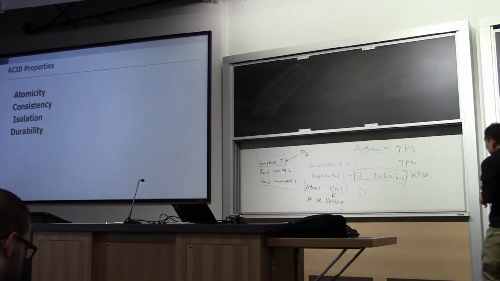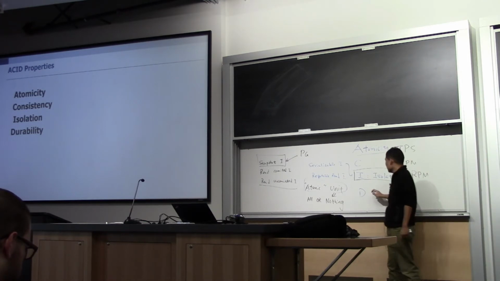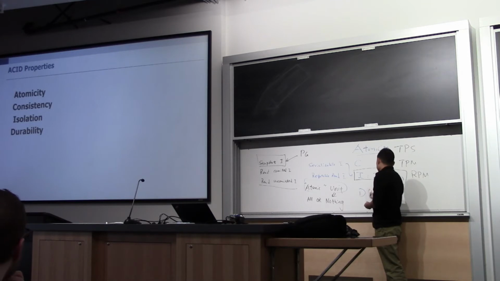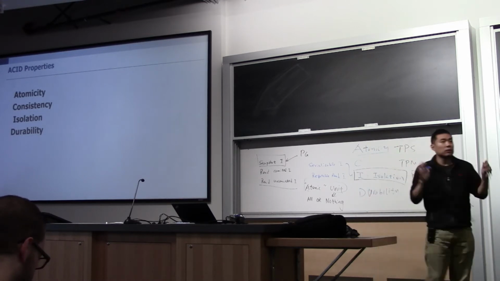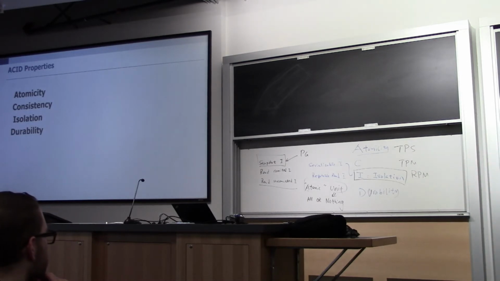That brings up my next discussion, which is what D stands for. D stands for durability. Durability can sometimes be understood as persistence as well. What it says is very simple.